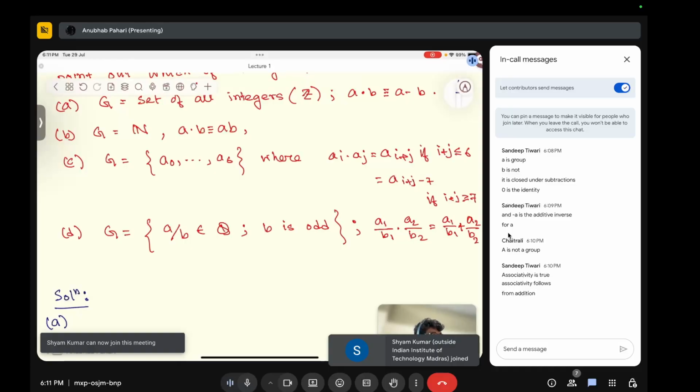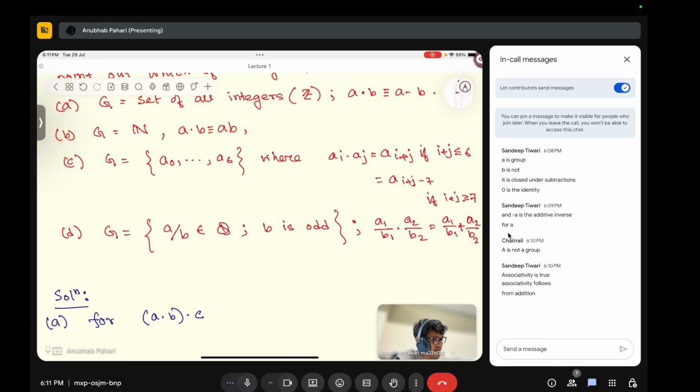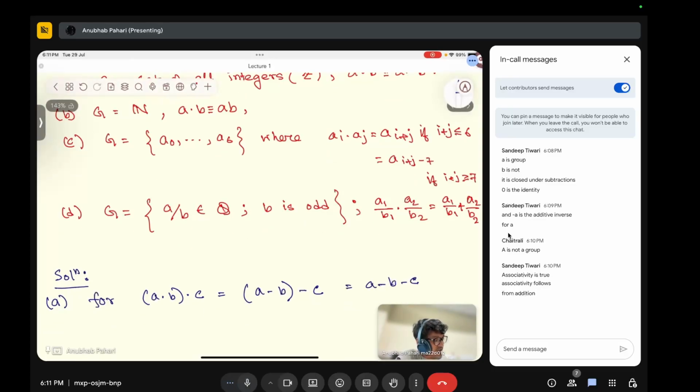But for (a·b)·c, we have a minus b minus c, right? That is a minus b minus c. And for a·(b·c) it should be a minus (b minus c), right?